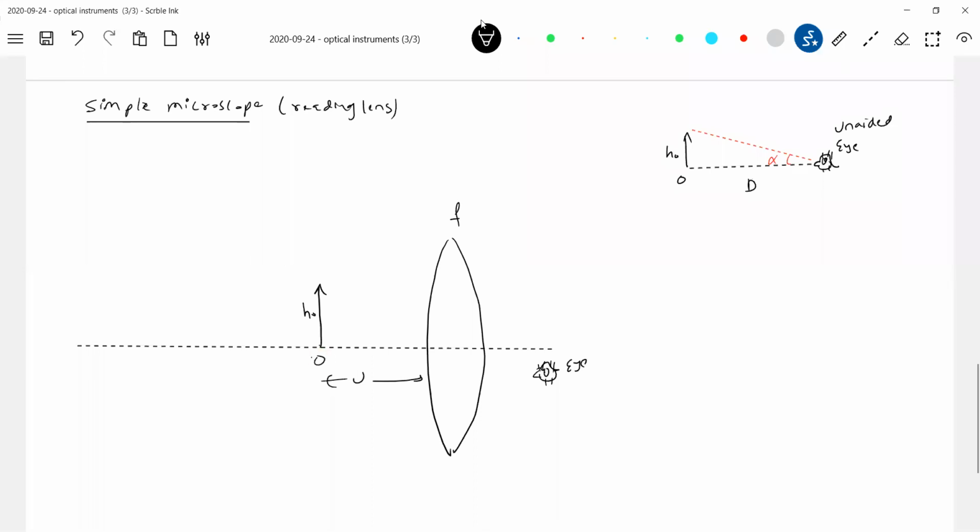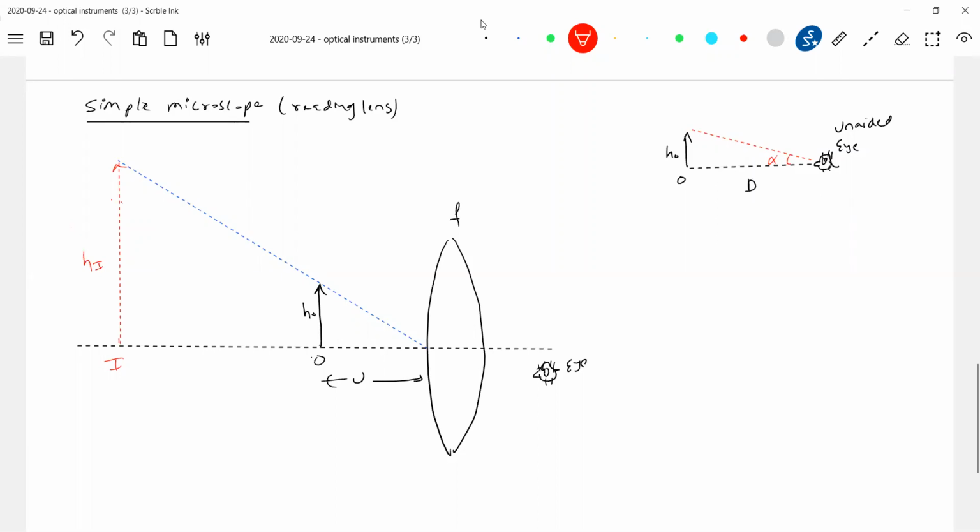The image will be formed. I think the condition is: should U be less than F or greater than F?